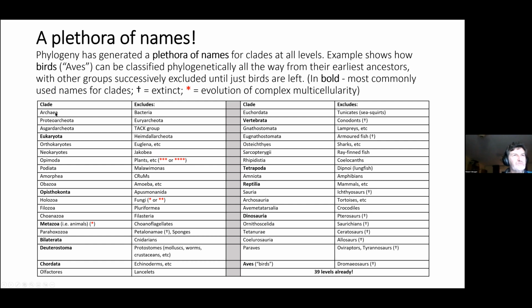We'll mention what some of these are later, but basically you can say, well, archaea is a clade that includes all the organisms that we know of on the earth. We also evolved from these bacteria-like things, which are now given the name of archaea. And then they gradually evolved to produce.